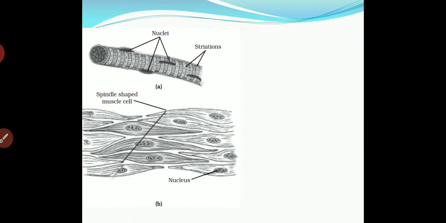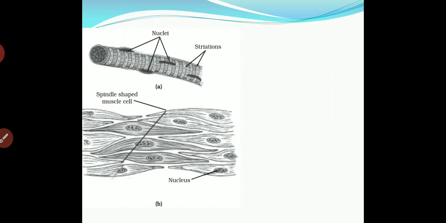Now here you can see that nuclei are present, and striations, that is also present. Now the second is the spindle shaped muscle cell. Here you can see a spindle shaped muscle cell, and a nucleus is also present in the structure. In the same way, the structure is like a spindle shape and muscle cells can be seen in between.